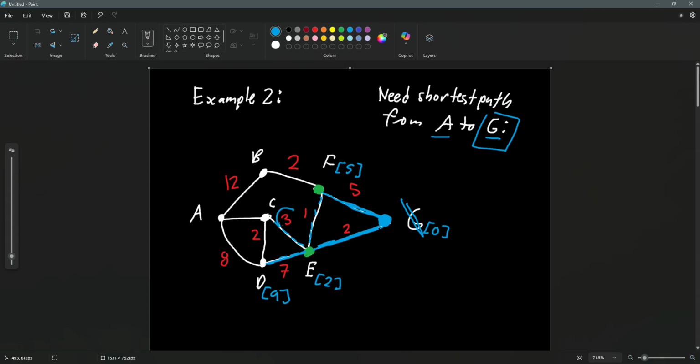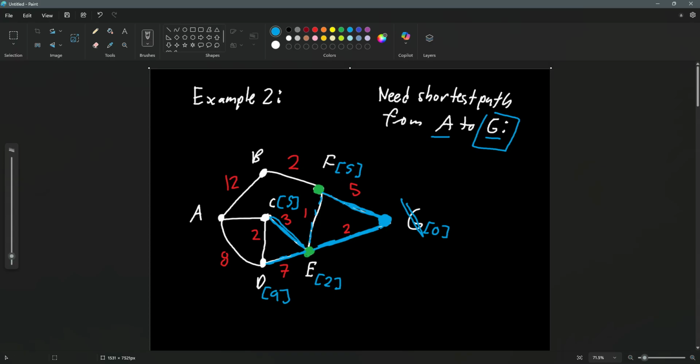The number we're going to give it is the value of the edge plus the value of the number attached to that vertex. The edge we're talking about is the one connecting C and E, so it's the weight of CE plus whatever E has. So 3 plus 2, 5. So we're going to mark this, and now we're going to talk about this last edge connecting E and F.